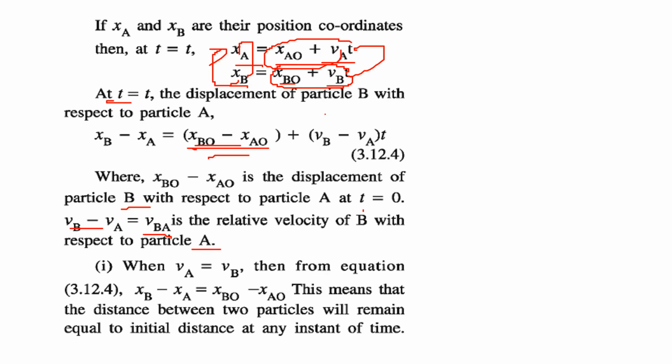So VB minus VA, we know it as VBA, that is the relative velocity of B with respect to A. Now, we'll take certain scenarios. When VA equal to VB, that means both have similar velocity, then this becomes 0 and we get only this equation. So XB minus XA is equal to XBO minus XAO, which means that the distance between two particles, if the velocity remains same, will remain equal to the initial distance at any instant of time, because they are moving with the same velocity.